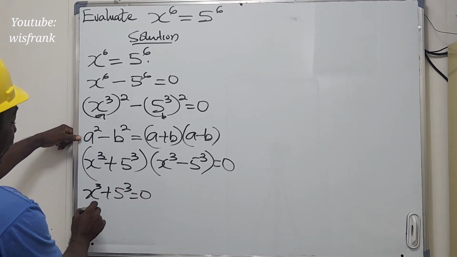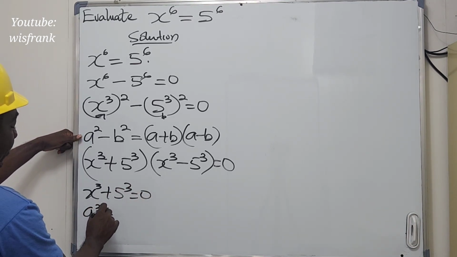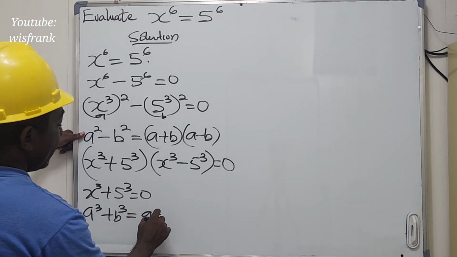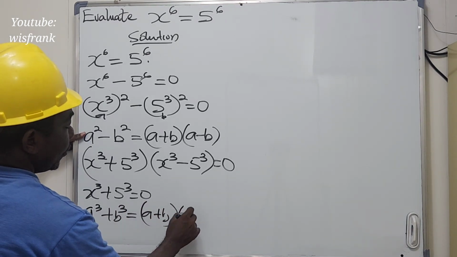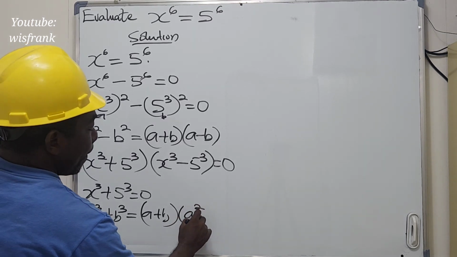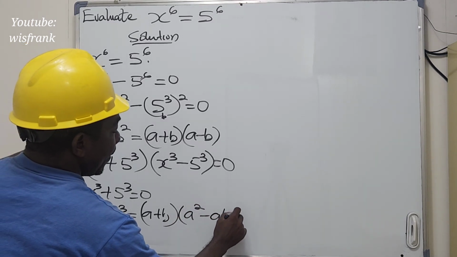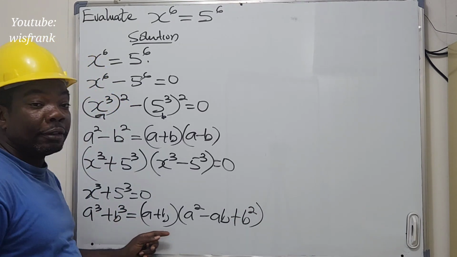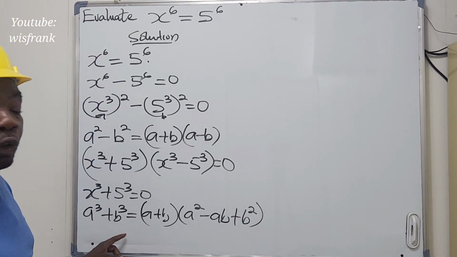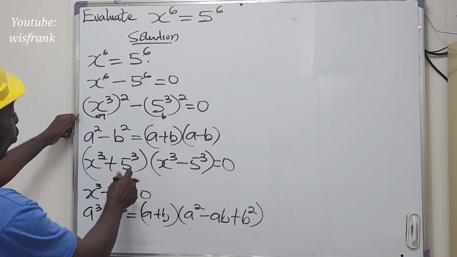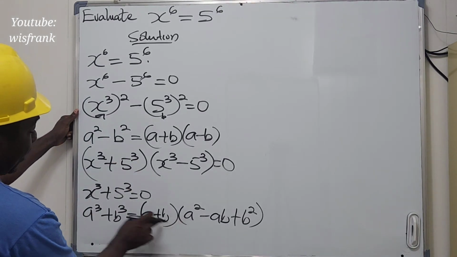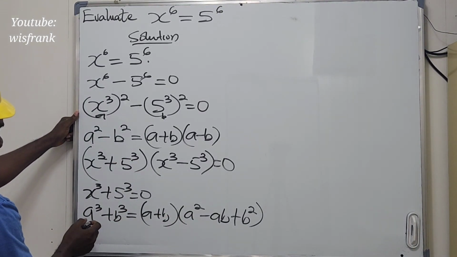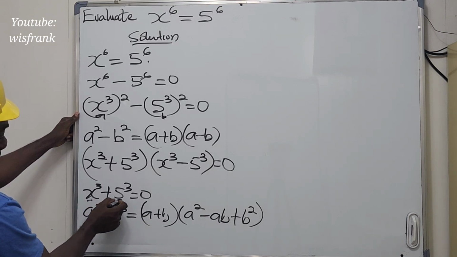And this is in the form a to the power of 3 plus b to the power of 3, which equals a plus b into a to the power of 2 minus ab plus b to the power of 2. So this is what we have as the sum of two cubes. Expressing this in this format, here this is our a and this is our b.